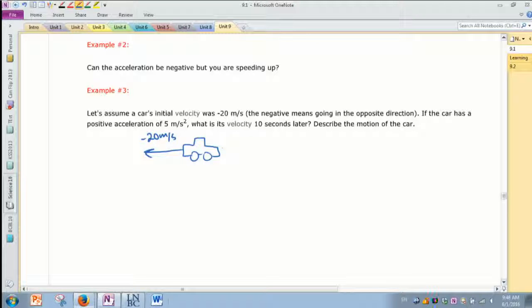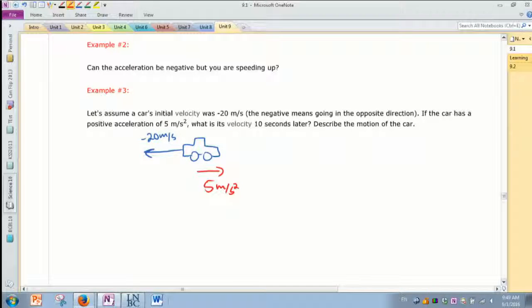Hard to tell which is the front of my car and the back, but I'm going backwards at 20. The car is going to accelerate at 5 meters per second squared, or it's going to increase its velocity by 5 every second. 5 meters per second every second.